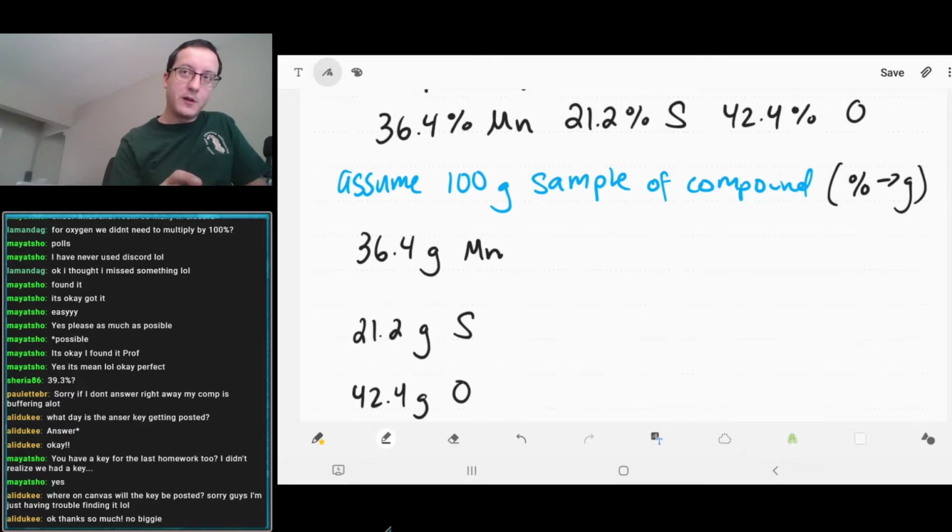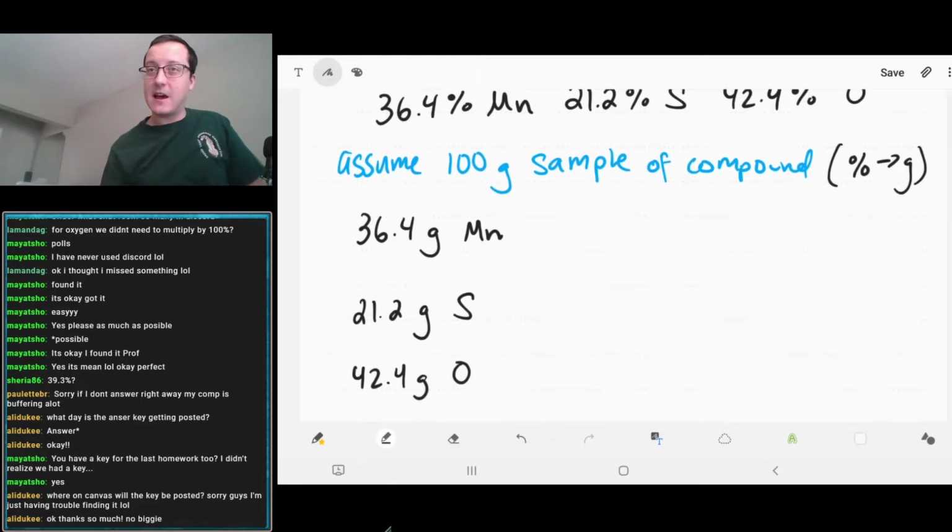So far, so good, hopefully. We're just assuming. It really doesn't matter because this is a theoretical calculation, so it doesn't matter what our mass is. If you really wanted, you could just leave these as decimals. We learned yesterday that because different atoms have different atomic masses, seeing 36.4 grams of manganese doesn't tell us how many manganese atoms we have.